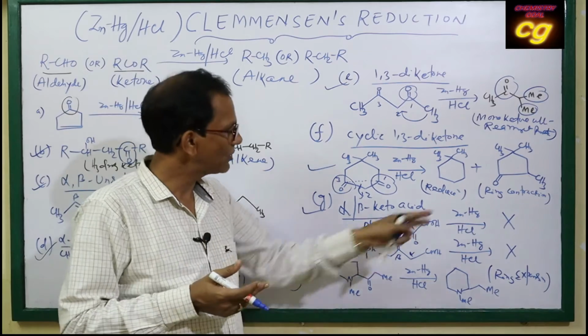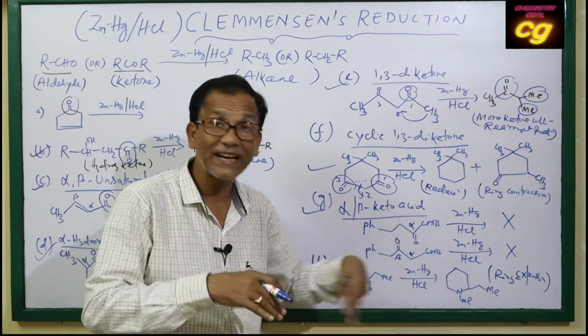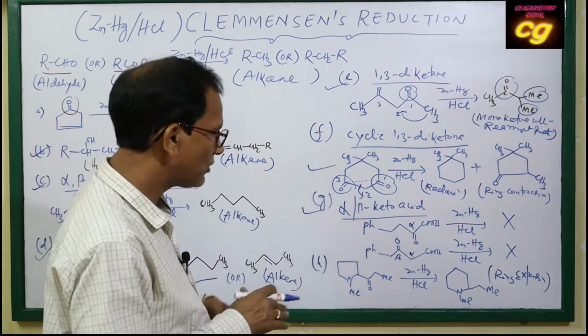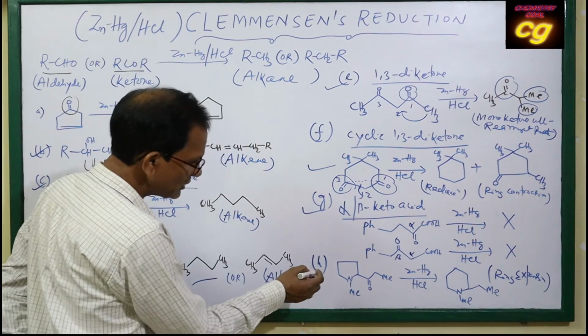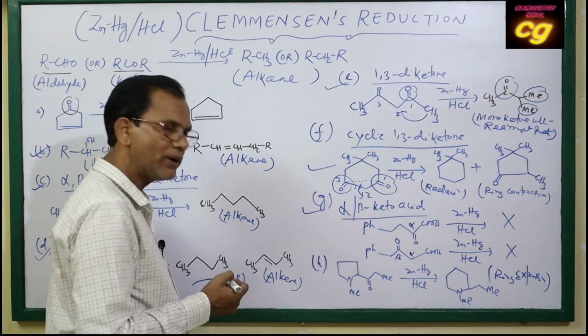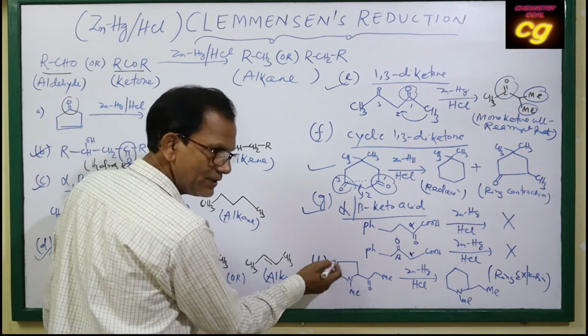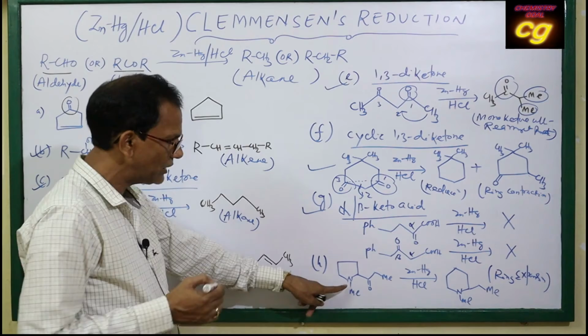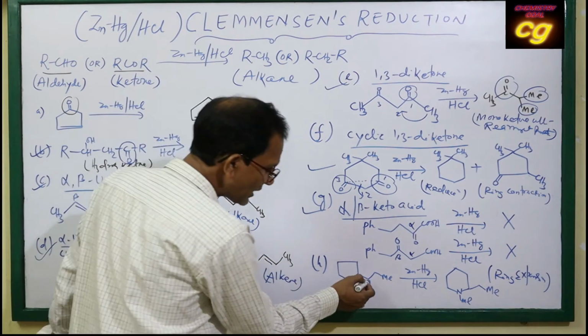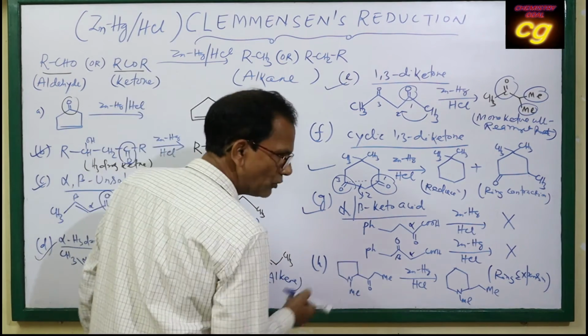Then ring contraction is discussed, and ring expansion also takes place. What is ring expansion? Suppose you see this is a 5-membered ring containing the heteroatom nitrogen, and a keto group is there and a methyl group is there.